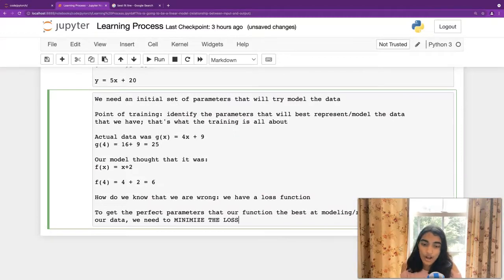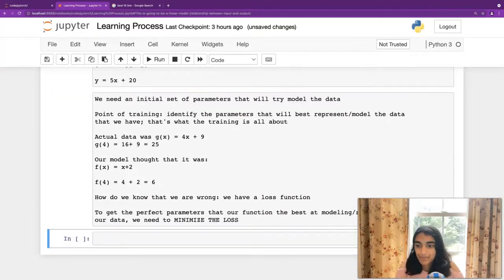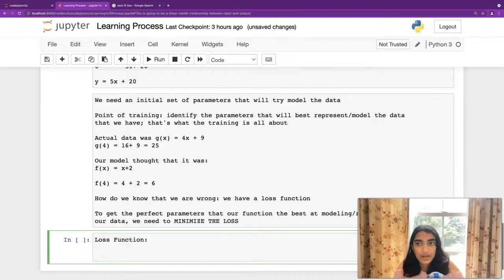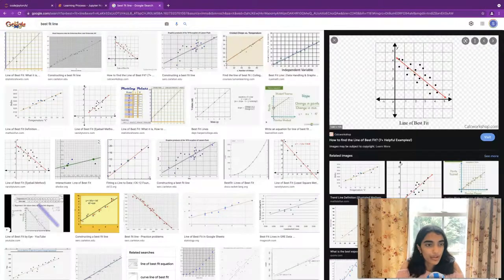So, let's talk about the loss function. Okay, not in super detail, but like, the loss function. So you might be 2 units above and you might be 2 units below, okay?